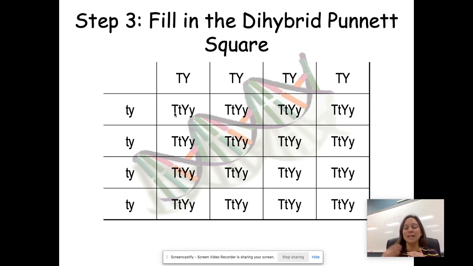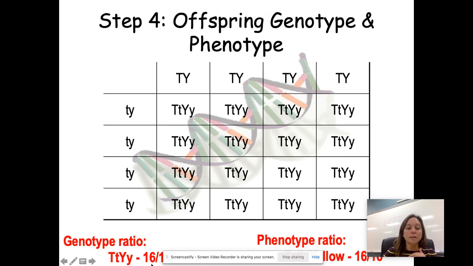So then what do we do? We need to read the information in the box. If you notice, I have a genotype ratio of 16 out of 16, or 100% of them are going to be the heterozygous genotype: capital T, little t, capital Y, little y. So that means 100% of them will be yellow and will be tall.